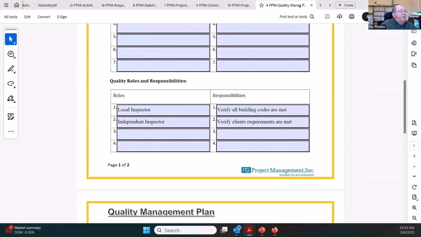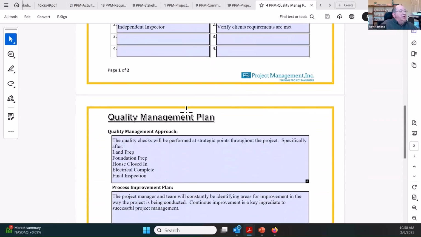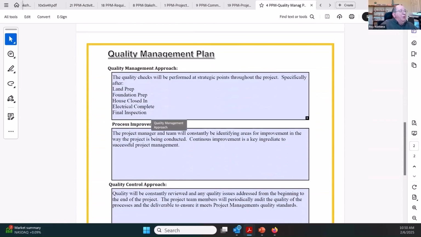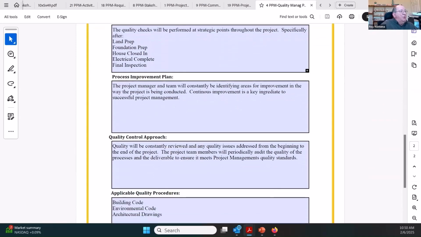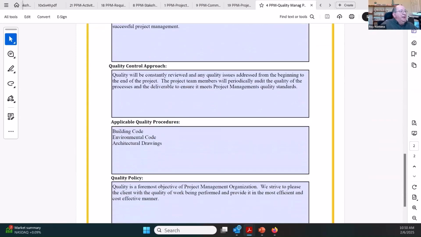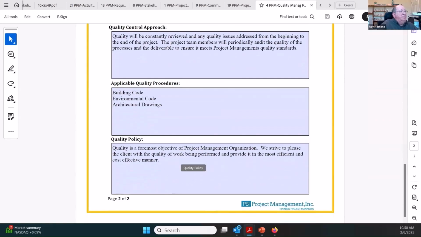And then also quality management approach, how we're going to approach it. Here's our process improvement plan, how we're going to control quality, and then how to do the other processes, for example, and then our quality policy. This is the quality management plan, and it controls the quality of the product that we will be shipping.